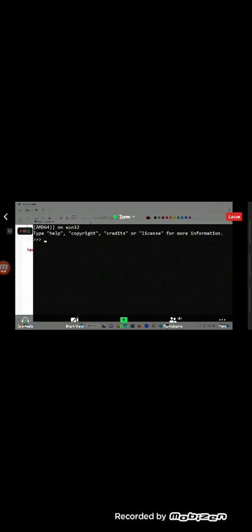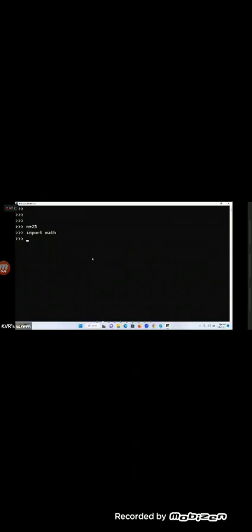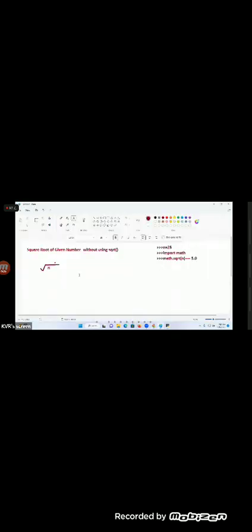I write n is equal to 25, import math, and math.sqrt of n, which is going to give 5.0. Correct? Now, here we are calculating the square root of a given number without using SQRT.